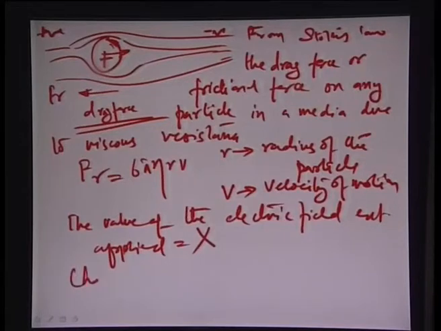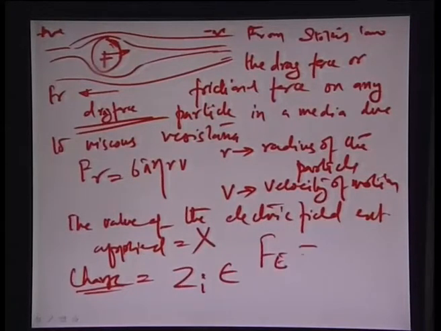So, if our charge here has a valency Zi, e being the electronic charge, the total charge on the particle here which moves is about Zi e, and the total force that the particle would face in the electric field is also given by Zi e X.